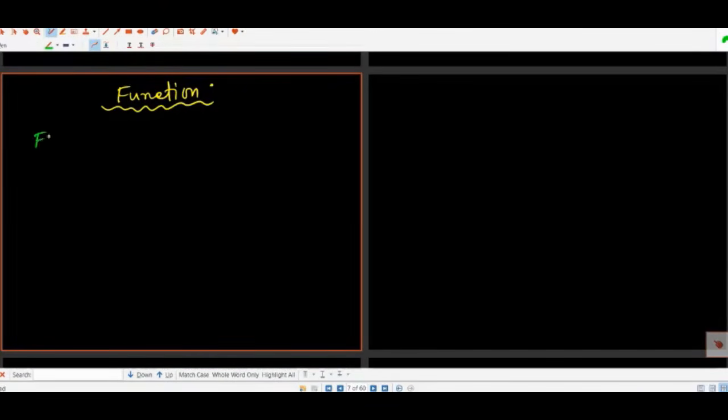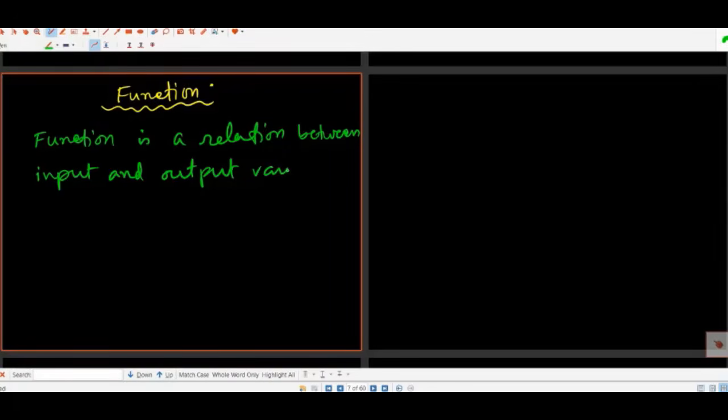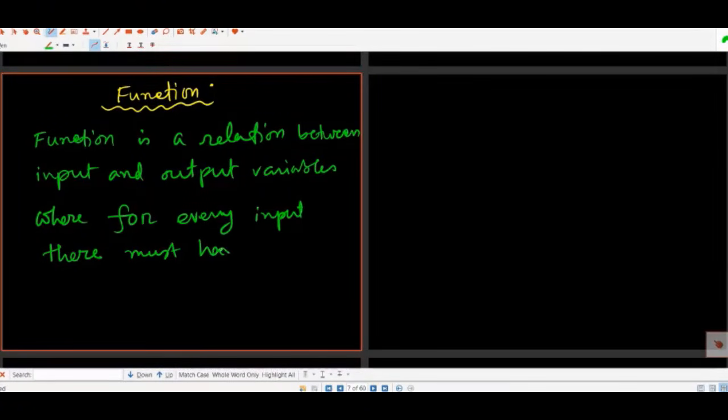So function is a relation between input and output variables, where for every input there must be one and only one output.